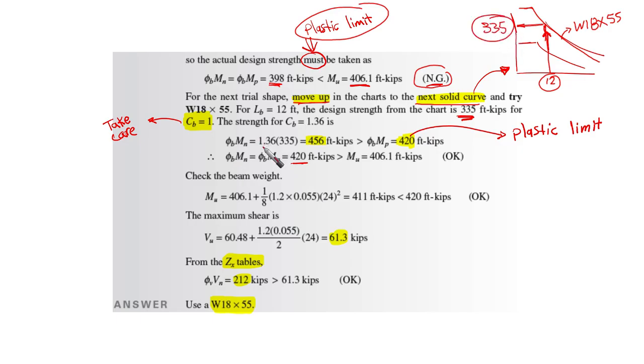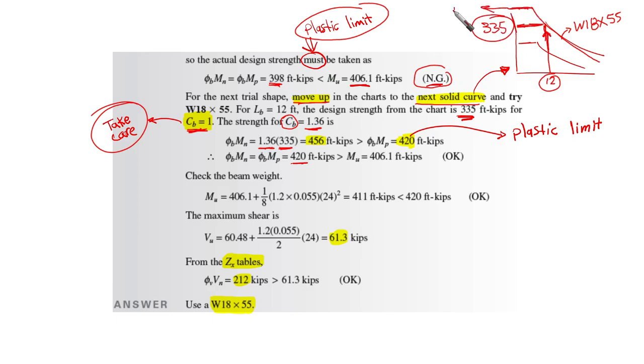Take care, we're talking about Cb equal to 1 now. The strength for Cb equal to 1.36 is 1.36 times 335, which we have already obtained. It must be less than this value. How much is this value?